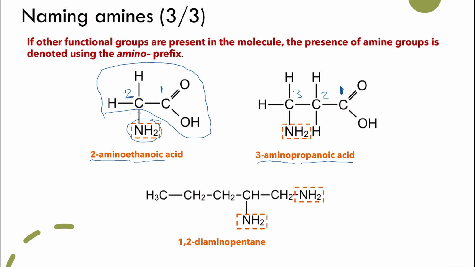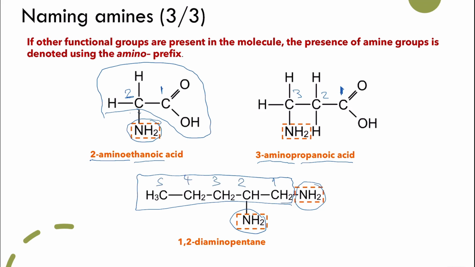Now this compound has two amino groups, so none of them will be considered separately as the main functional group, but we will consider both of them as amino groups. So we will give the parent name to the longest chain of alkane, and we will number it to give the amino groups the smallest possible numbers, 1, 2, 3, 4, and 5.